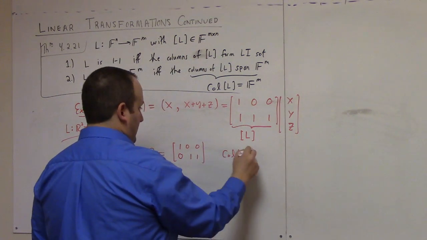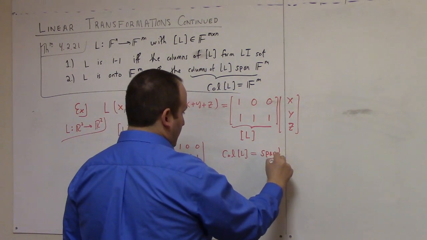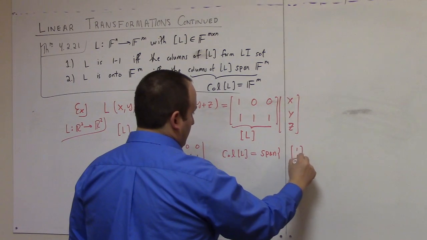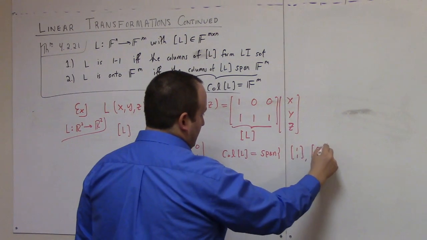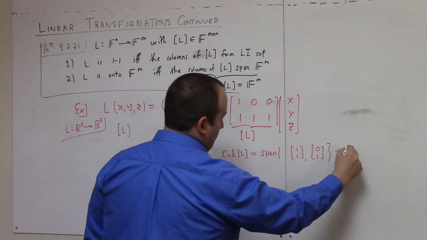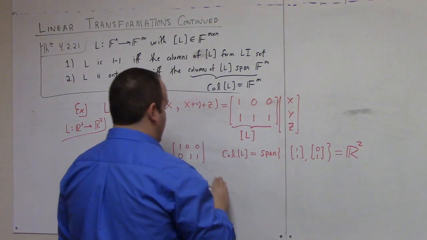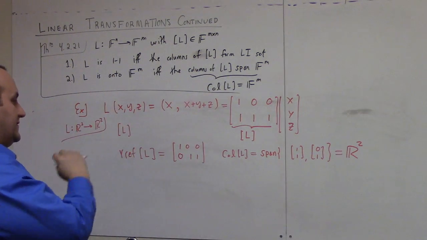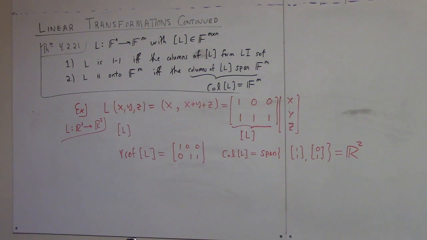It's the span of the first 2 columns, 1, 1, and 0, 1. Anyway, it's exactly the whole kit and caboodle. It's R2. So, done, surjective. So this mapping is surjective because the column space is equal to the codomain.